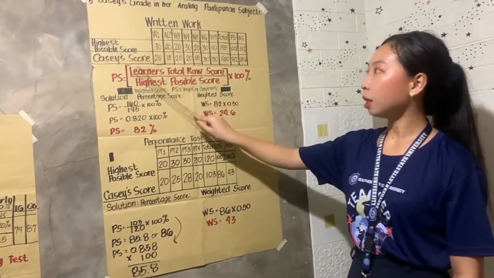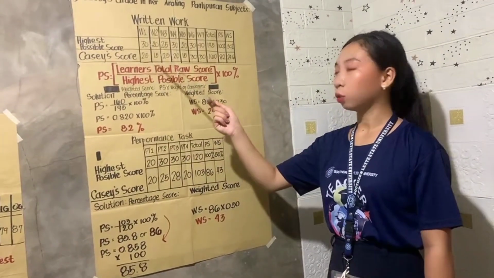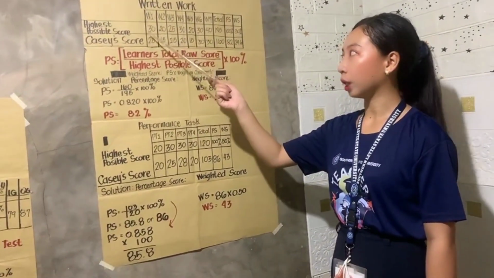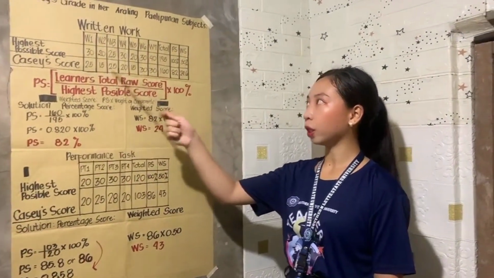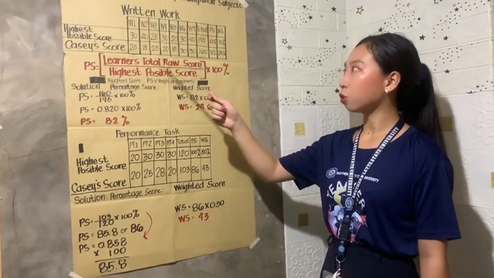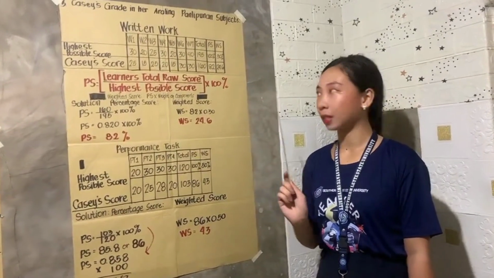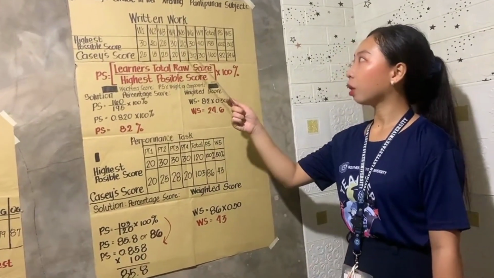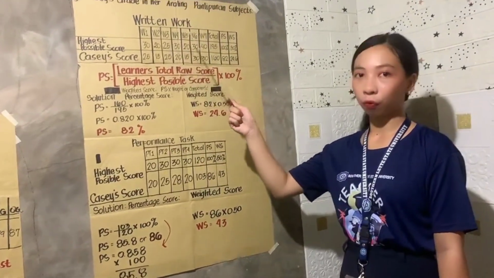And Cassie's score for written work 1, she got 20 points out of 30. And second, Cassie got 15 out of 20. And the third written work, she got 25 out of 25, which is the perfect score. And the fourth one, she got 20 points out of 30.